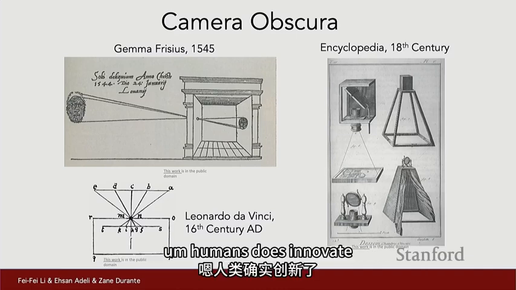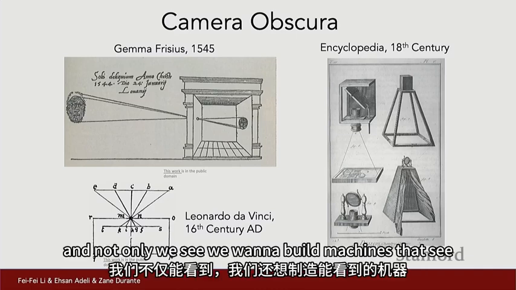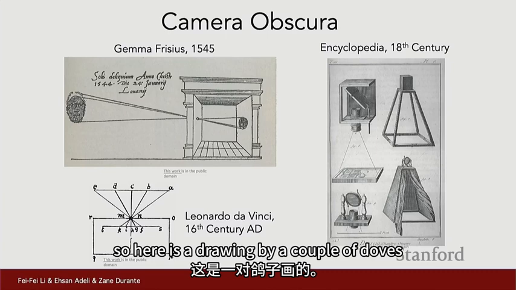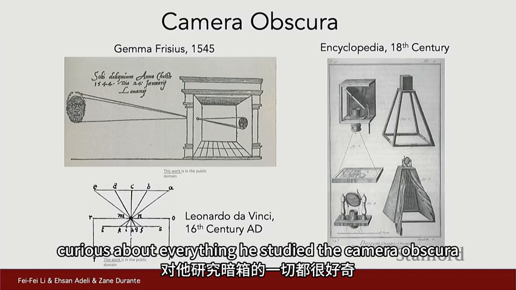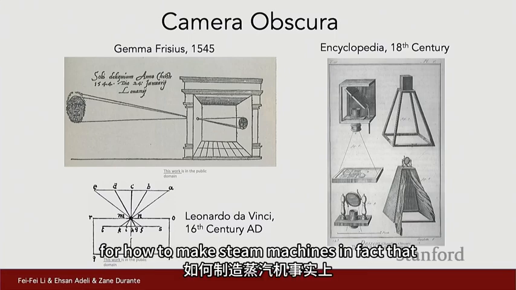Humans do innovate, and not only do we see, we want to build machines that see. Here are a couple of drawings by, of course, Leonardo da Vinci, who was forever curious about everything. He studied the camera obscura for how to make seeing machines.